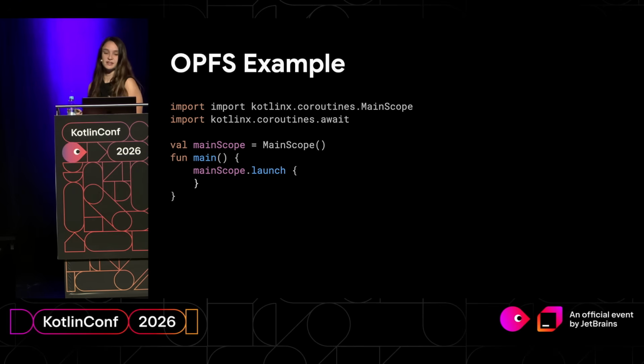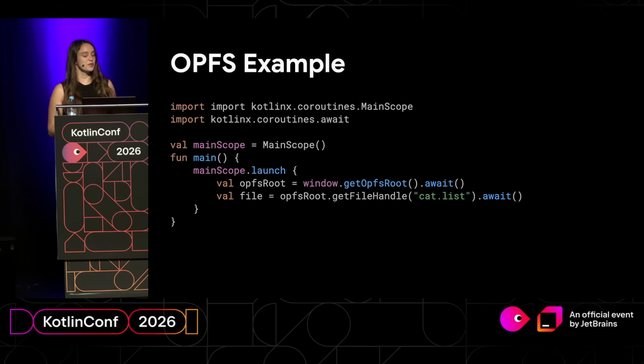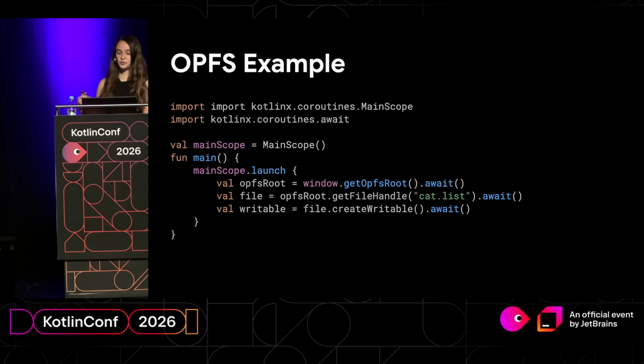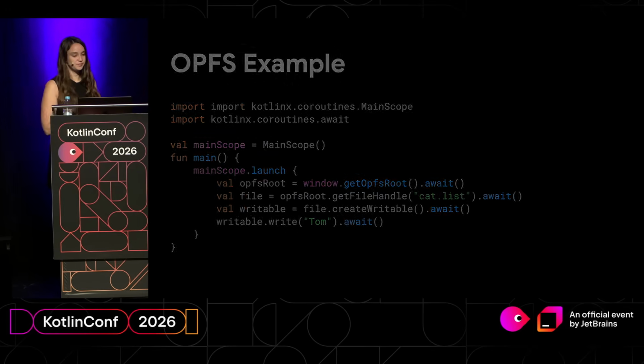Because the API is promise-based, we bridge through Kotlin coroutines, and specifically the await extension function. Let's say you have a file that contains a list of cats, and you want to add a cat named Tom to it. You would first need to get the OPFS root, open the file, and get a writable object, which is then used to write the content of the file. Once the promise finishes from the write call, the data is successfully written.